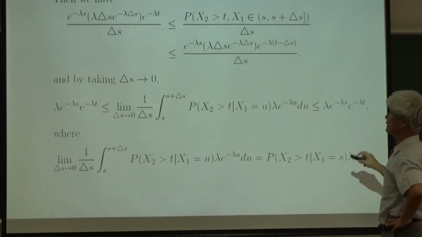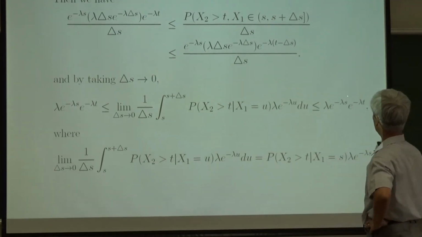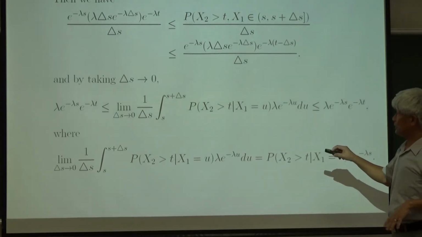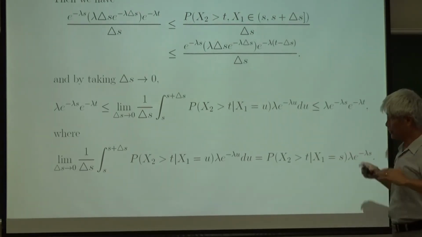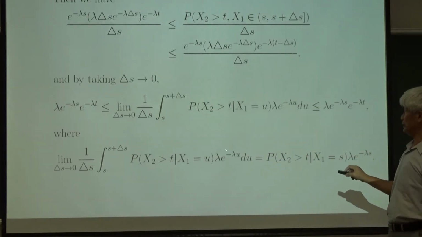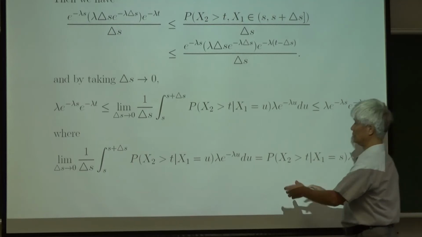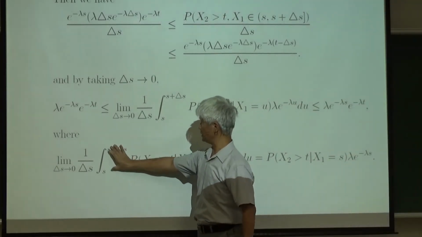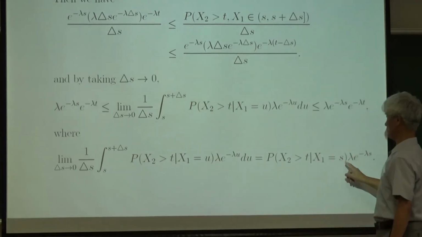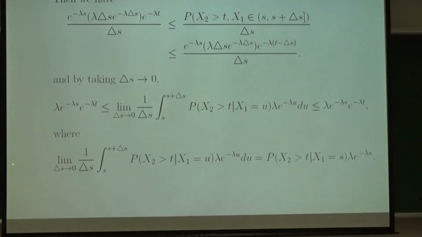Why? Because the upper bound and the lower bound are the same, right? So this limit exists, and it is equal to what we get when delta goes to 0, so that u goes to s only. So we find that this is the probability.